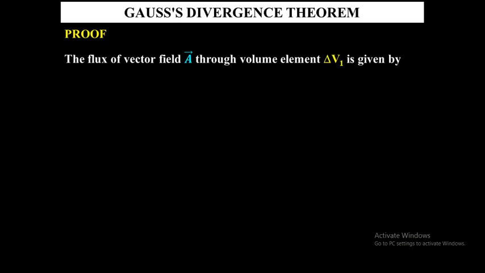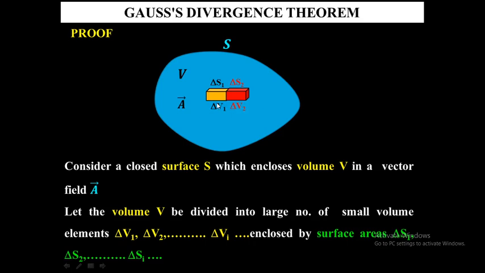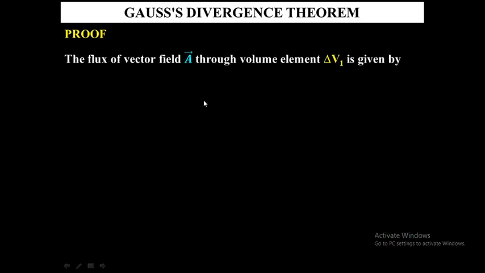Suppose the flux of the vector field coming outward from the volume element delta V1 is given by the surface integral over surface area delta S1 of A vector dot ds, where A vector is the vector field.